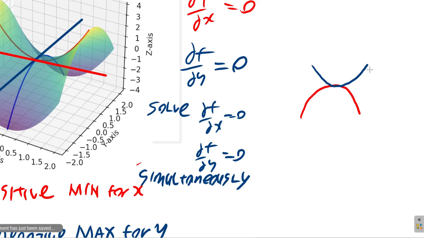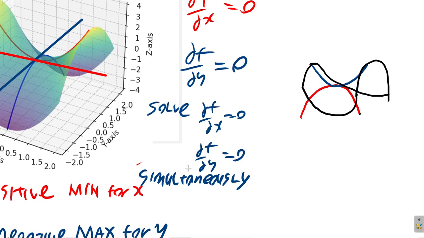Can I draw this saddle point? Let me see something here. What would this be shaped like? Try my hand at drawing this. All right. So you have this case, and then on the x here, the x value, see if I can draw it like this.